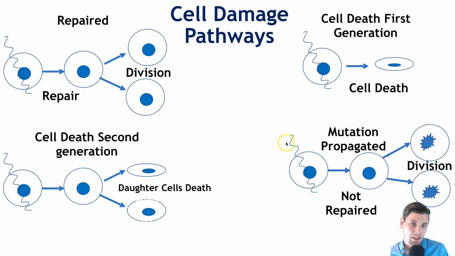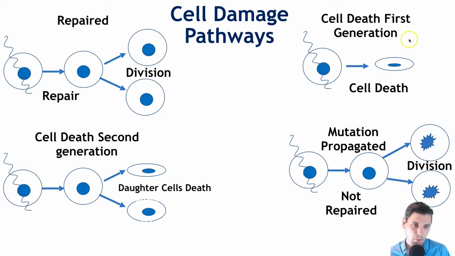Finally, it's possible to have damage which is not repaired, but which is not significant enough to be noticed, such that programmed cell death does not occur. In this case, there can be mutation, which is then propagated down the line and can lead to inherited effects or cancer induction, carcinogenesis.